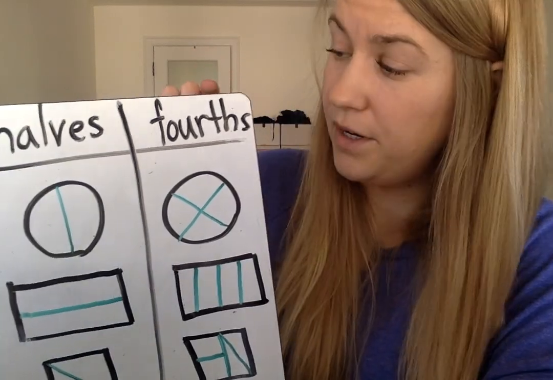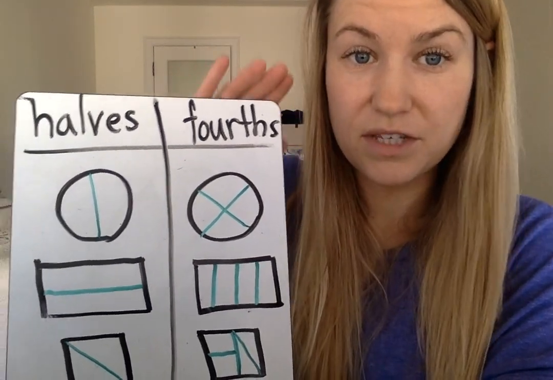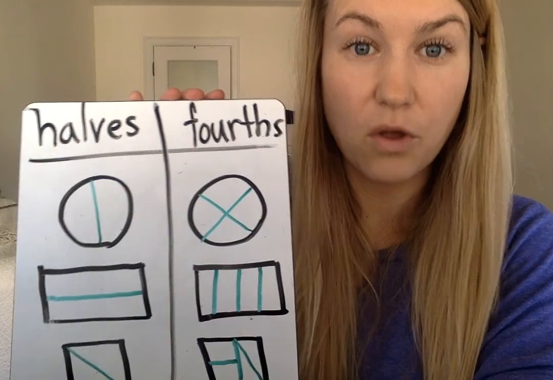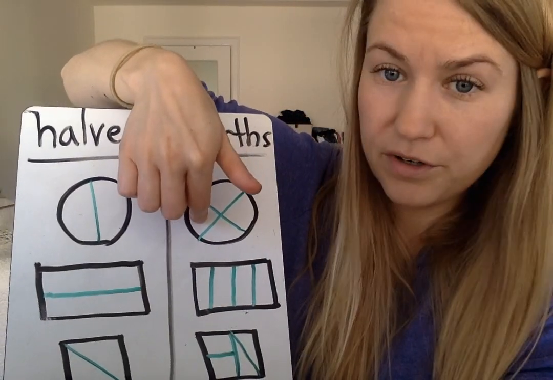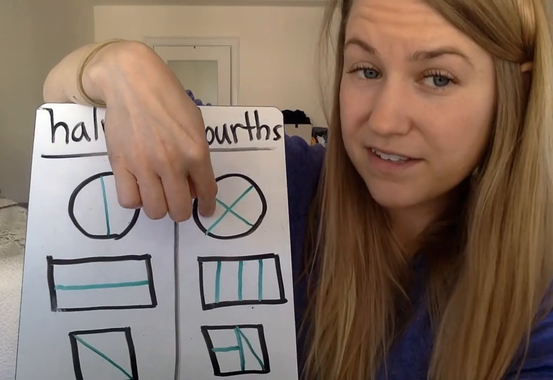Fourths, so 1/4 is going to equal 4 fourths, which would be a whole, right? So 4 parts. So I could say this is 1/4, this little chunk here, or I could say it's 1/4.